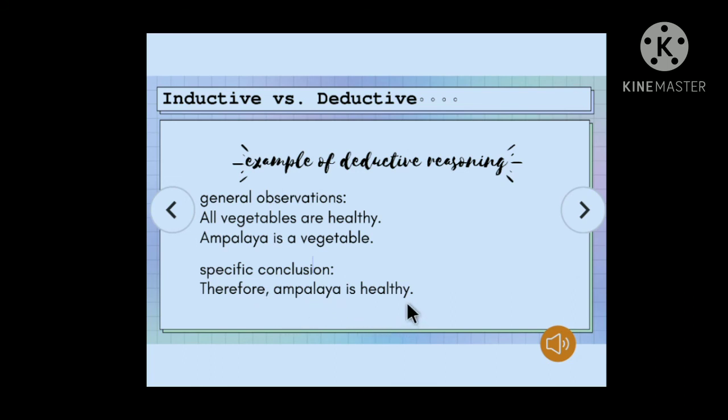Since vegetables are generalized as healthy, and ampalaya is a vegetable, it gives us a conclusion that ampalaya is healthy, even though it was not really stated that ampalaya is healthy. But because of the general observations that we have here, we can arrive that ampalaya is really healthy. And that's how deductive reasoning works.